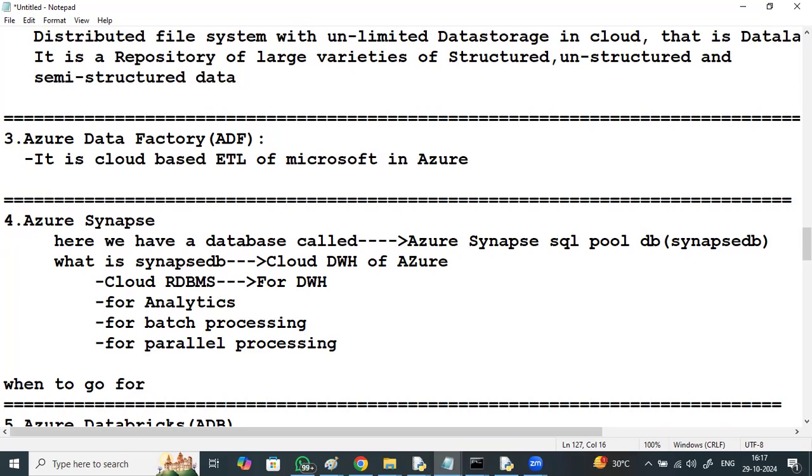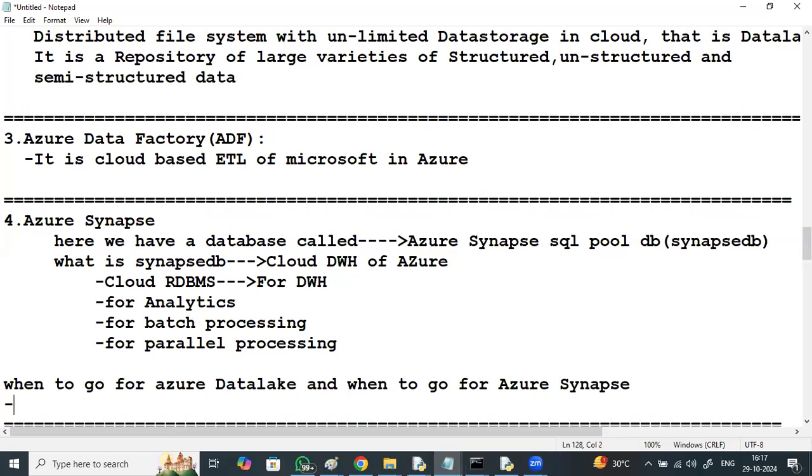When to go for Azure Data Lake, and when to go for Azure Synapse? Both are in the place of data warehouse.